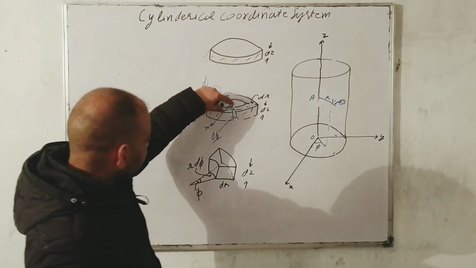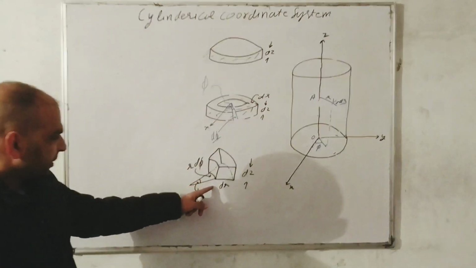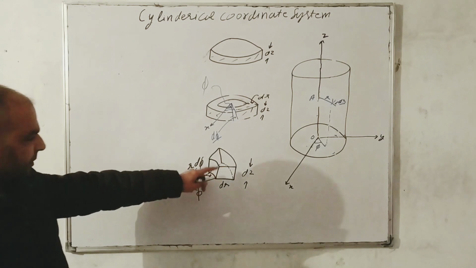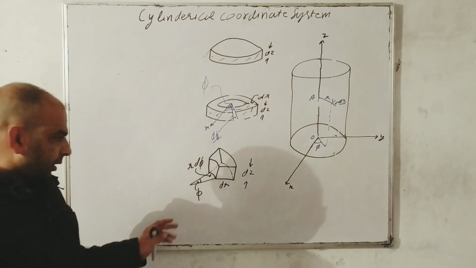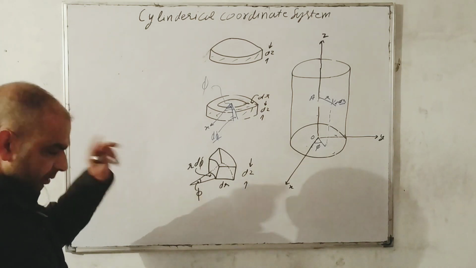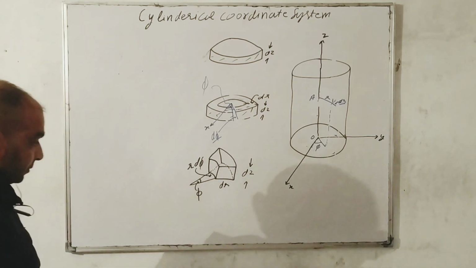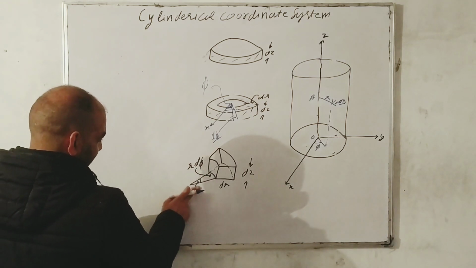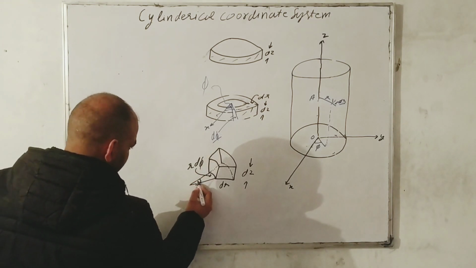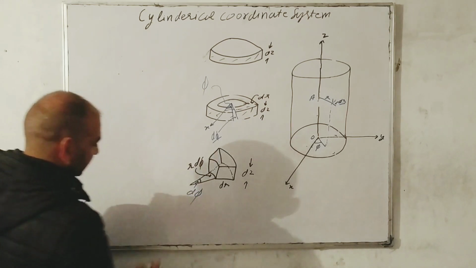Now if we cut this particular piece from the solid cylinder, it will appear like this. Please watch it carefully. This angle was phi. Sorry, this is d phi.